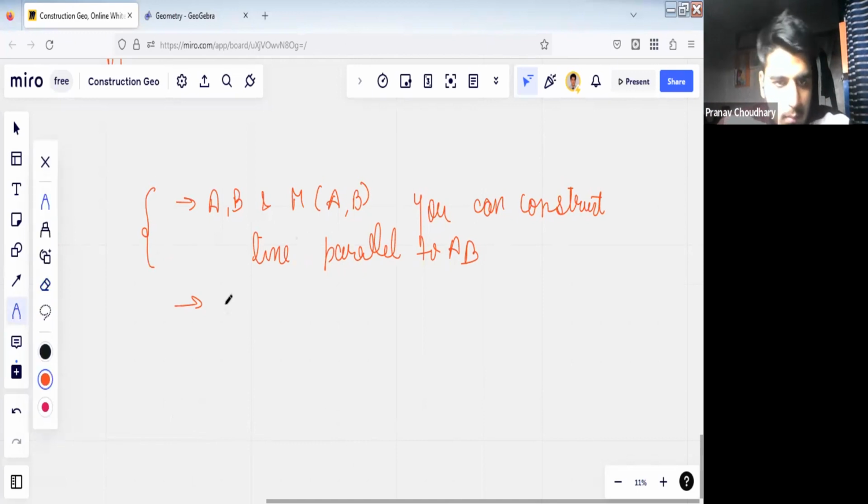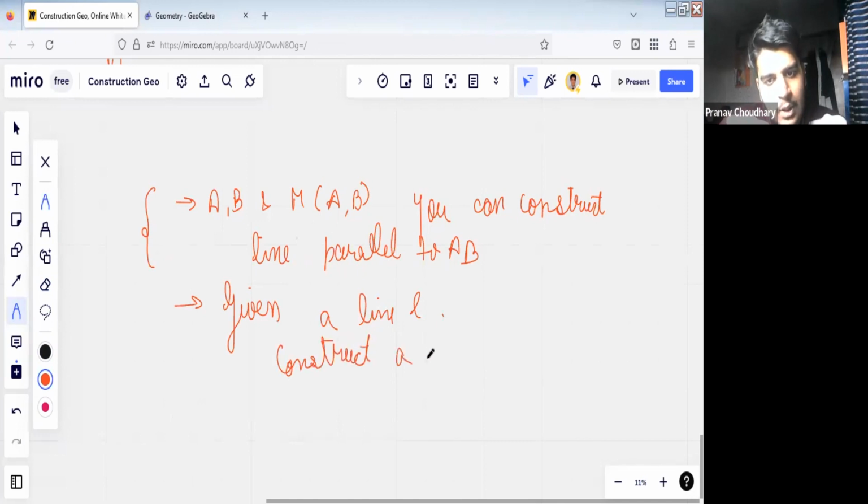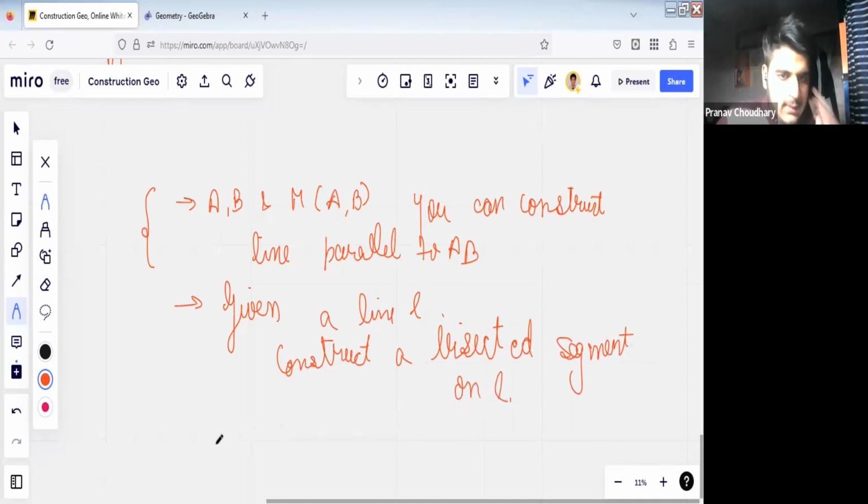So, given a line L, construct a bisected segment on L. Alternatively, you can think of it this way.